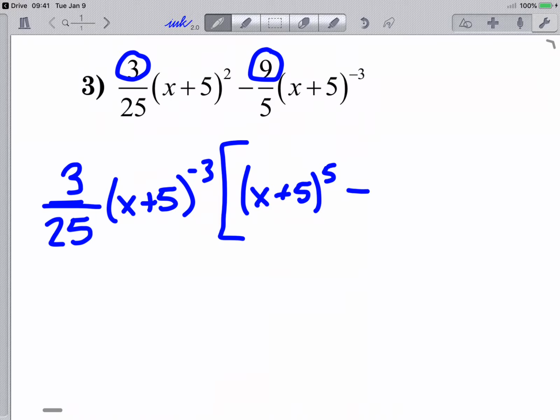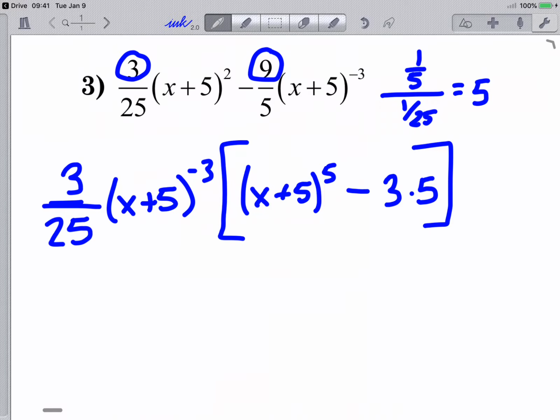I write my minus sign. 9 divided by 3 is 3. And 1/5 divided by 1/25 is simply 1/5 times 25 over 1, which is 5. So I'm going to have 3 times 5 here. And I already pulled out all the x plus 5s. So this is more or less done.